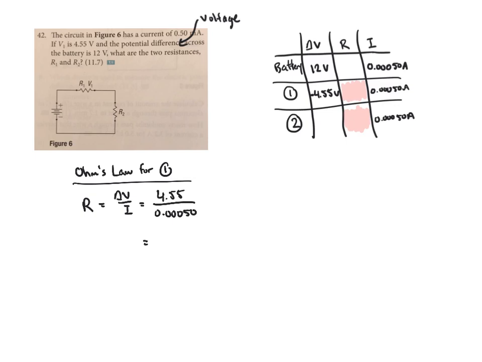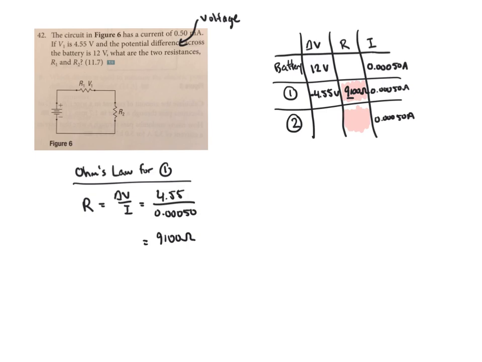I'll get my calculator up. Giving me 9,100 ohms. So I'll fill that in the table. I'll underline the 2 sig figs there.